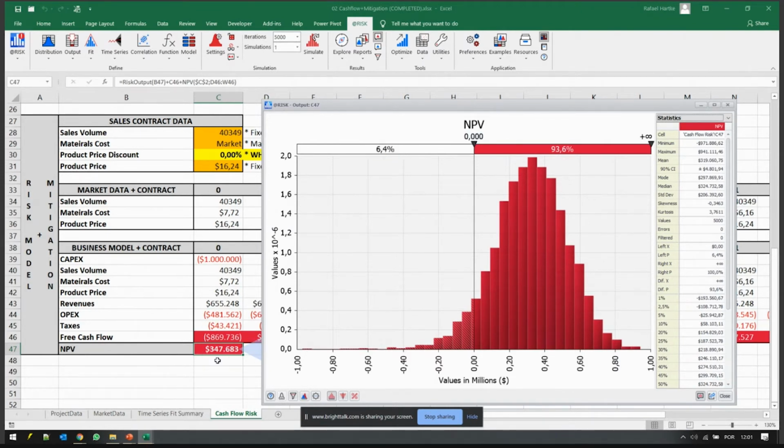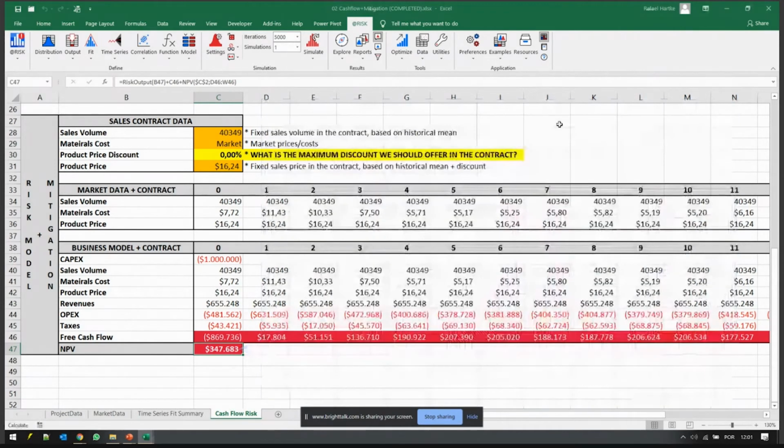So you reduced risk, and here when I say risk, the threat of losing money, you reduced that a lot. The likelihood of losing more than 0.5 million, which was almost 2%, dropped to almost 0. So it seems like a good idea to sign this contract, but I would guess your client would require a discount to take this risk, right?